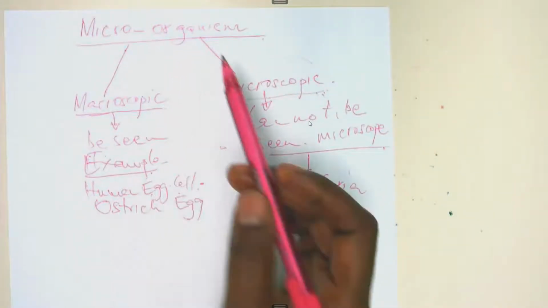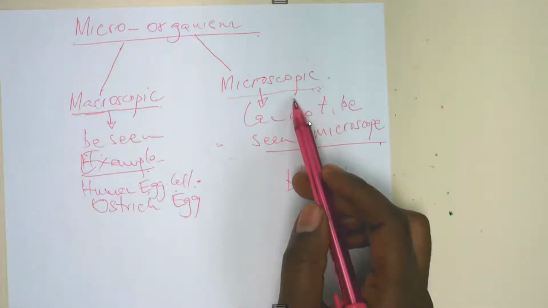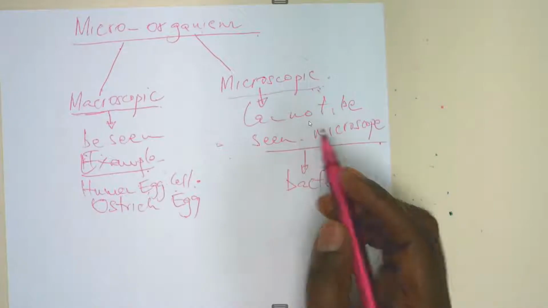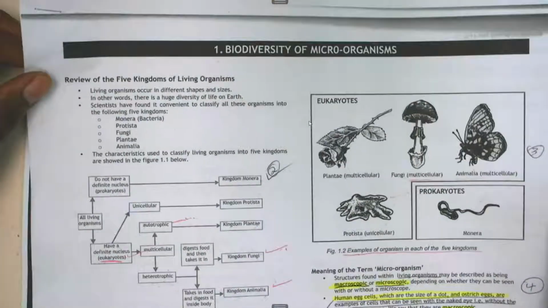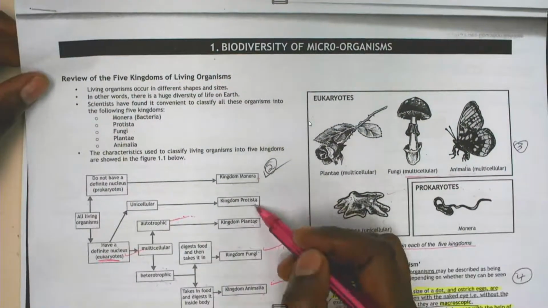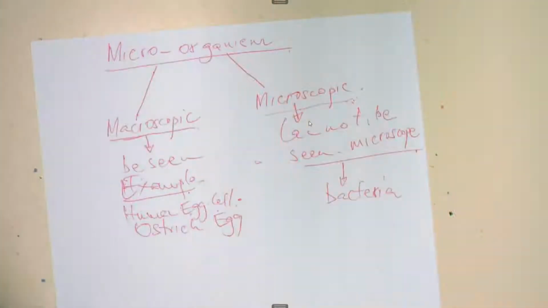And then again, microorganisms are found in all the 5 kingdoms that we started with, which are Monera, Protista, Plantae, Fungi, and animals.